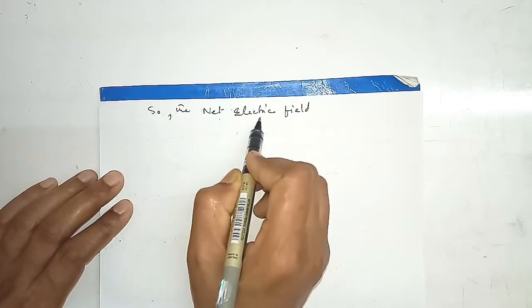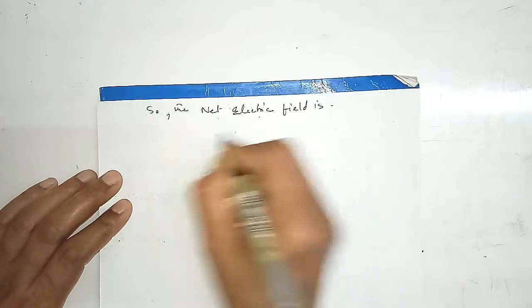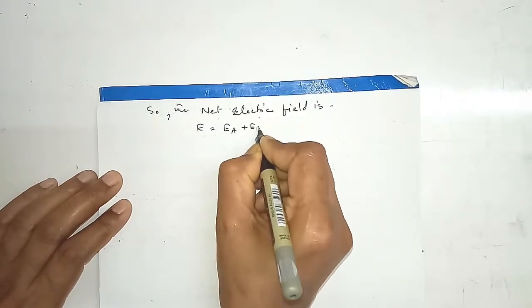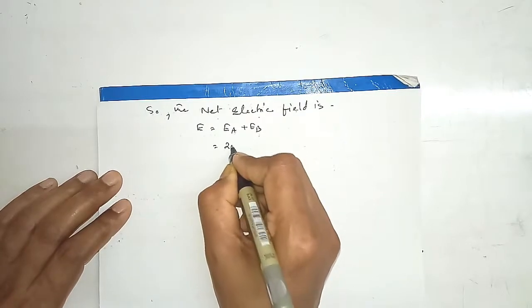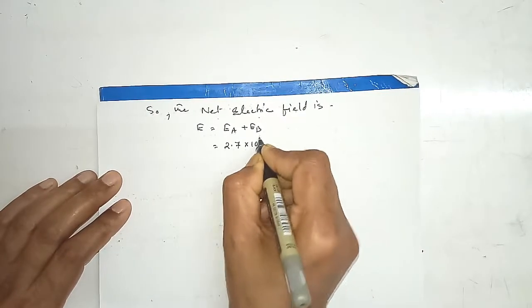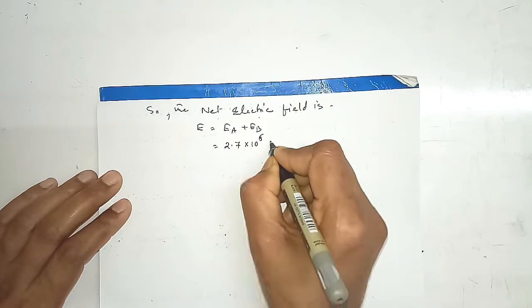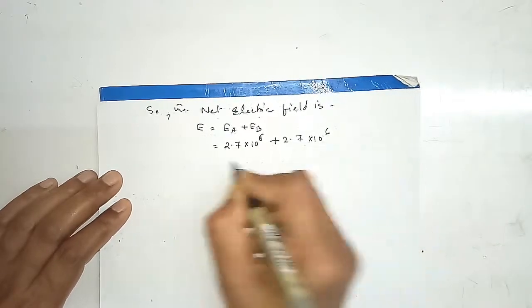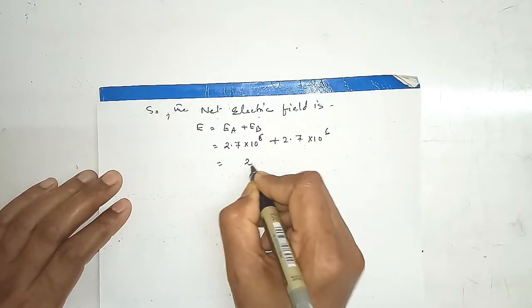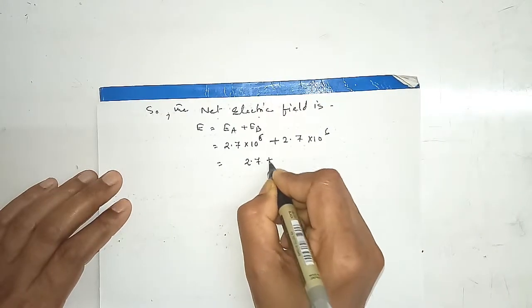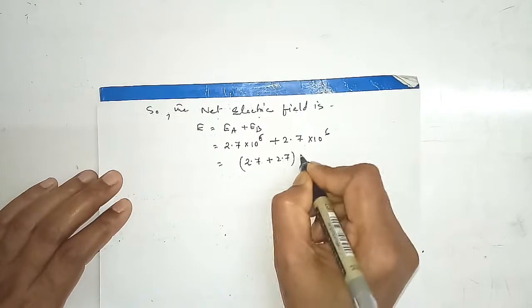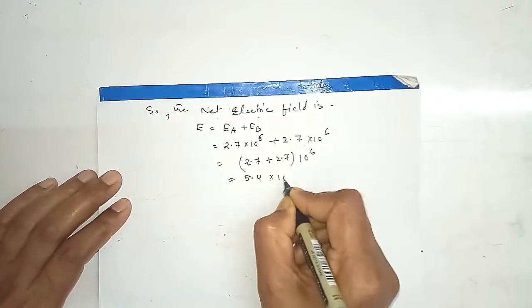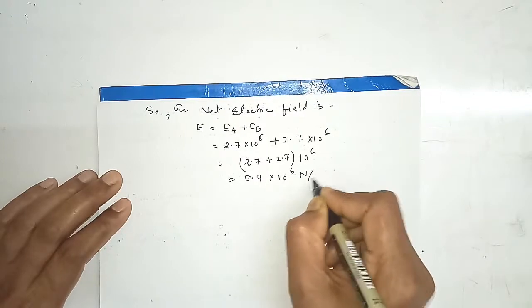So the net electric field is E equal to EA plus EB. So EA का वैल्यू कितना है 2.7 into 10 to the power 6 plus 2.7 into 10 to the power 6. So यहाँ से हम लिख सकते हैं 2.7 plus 2.7 into 10 to the power 6. So 5.4 into 10 to the power 6 Newton per Coulomb.